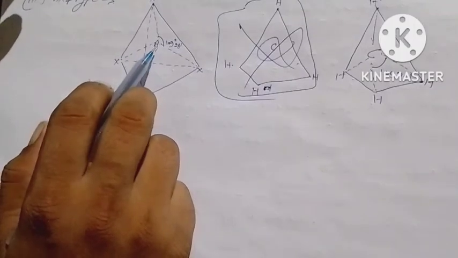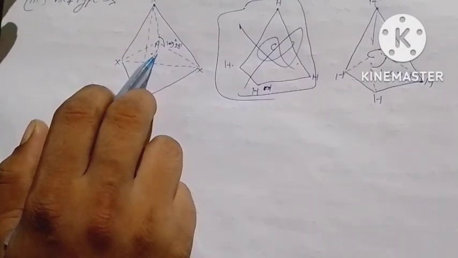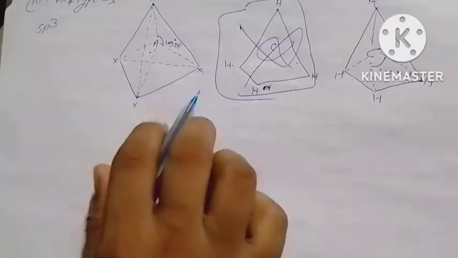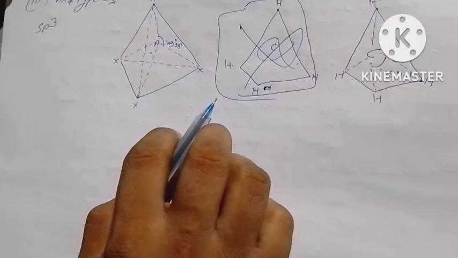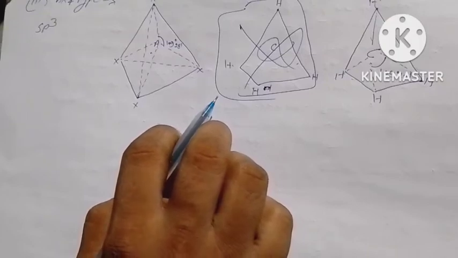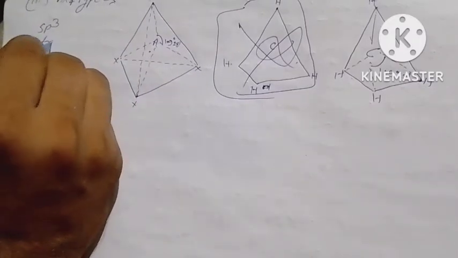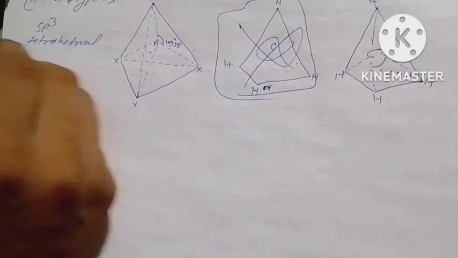In this case, 4 orbitals are needed, so the hybridization is sp3 hybridization. The structure and shape is tetrahedral.